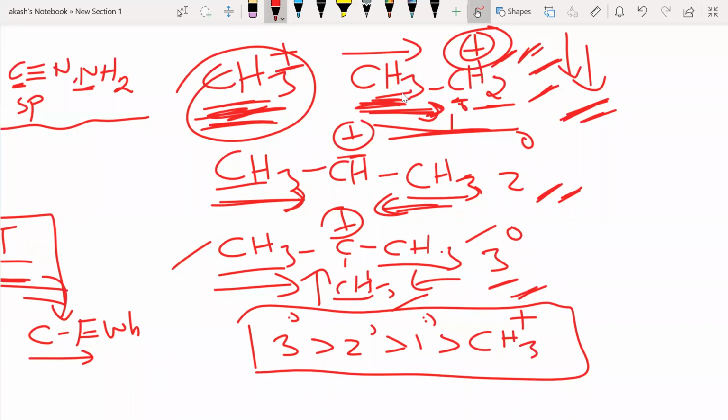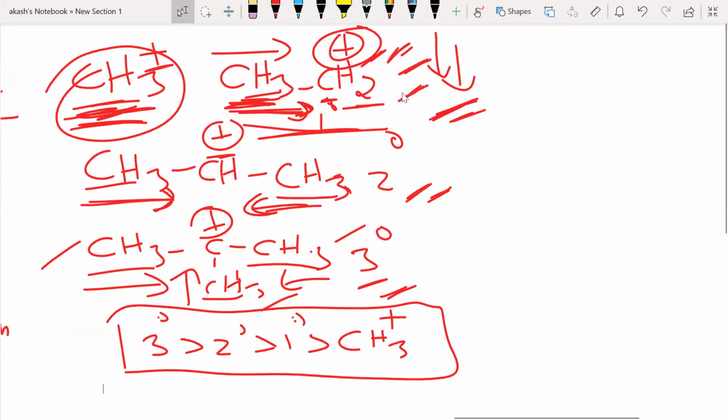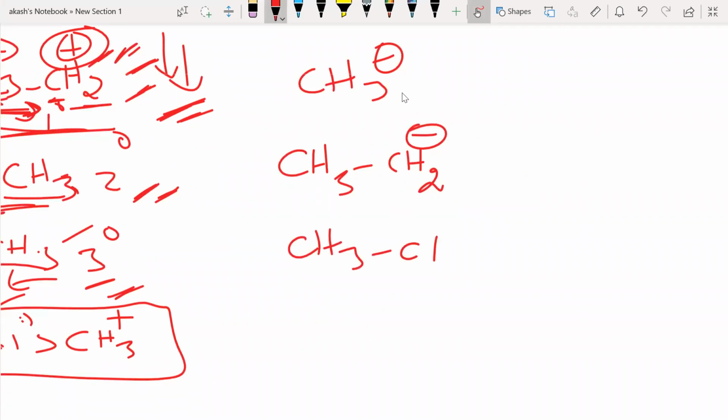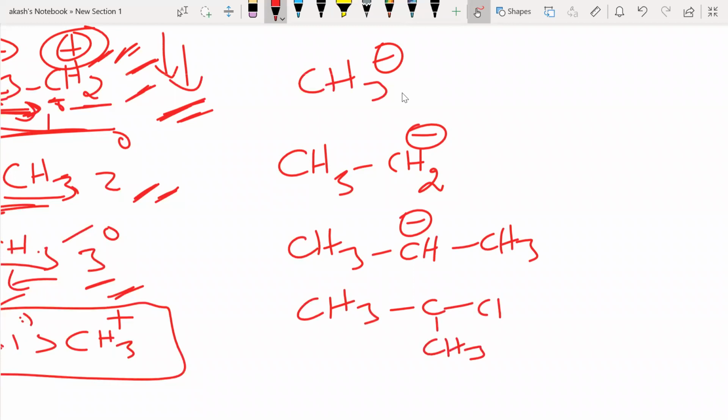Now if it were not carbocations but carbanions, I'm going to take all these four again, but in the form of negative charges: CH3 minus, CH2 minus, and so on.